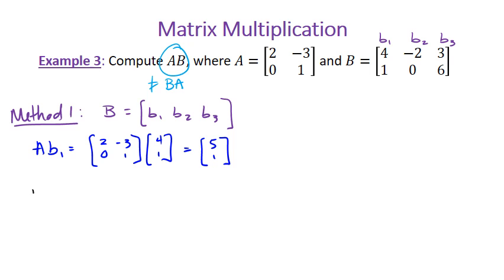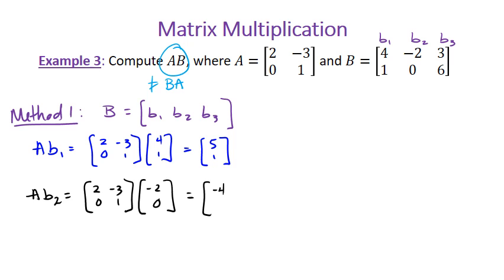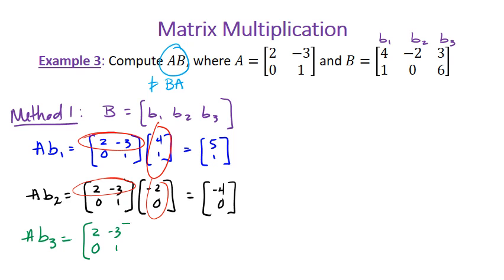Then I'll take A times B2, so A is this, B2 is the second column. When I multiply these, I get this. And when I'm multiplying, I'm taking this row times this column, this row times this column, and then AB3 is this.